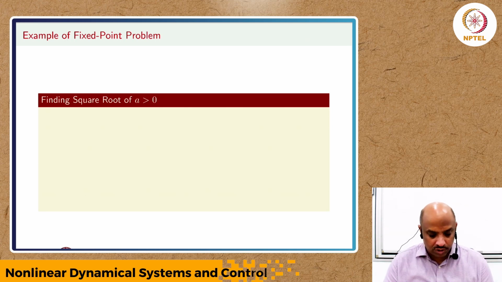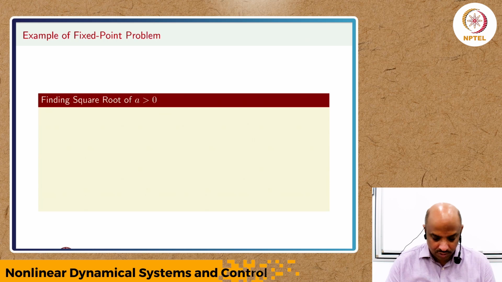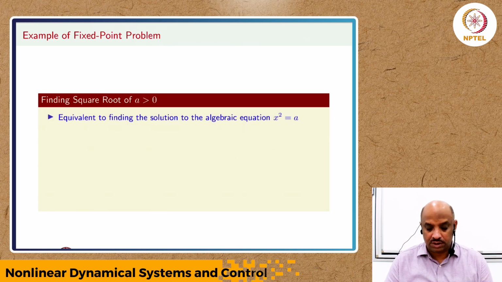So before I show you a very specific example, I want to motivate what we're going to see here. Let's pick the problem of solving, I mean, this is not quite an ordinary differential equation, but it is more along the lines of the recursive equation that I was talking about, just to see the complexity of a very simple problem that we are trying to solve through recursive equations. We all understand that finding the square root of a positive number is essentially solving the equation x squared is equal to a.